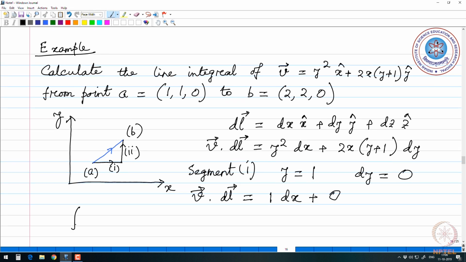So, the integral over x equals 1 to 2 of 1 dx is given as x from 1 to 2, that is 2 minus 1 equals 1. Now, we will have to go for the second segment.